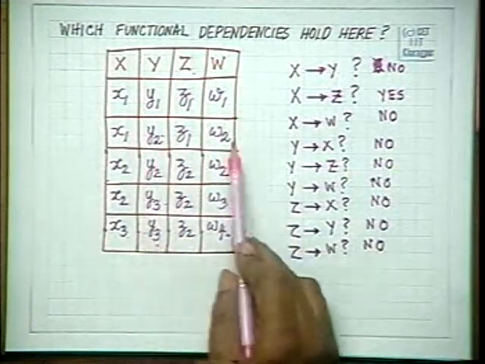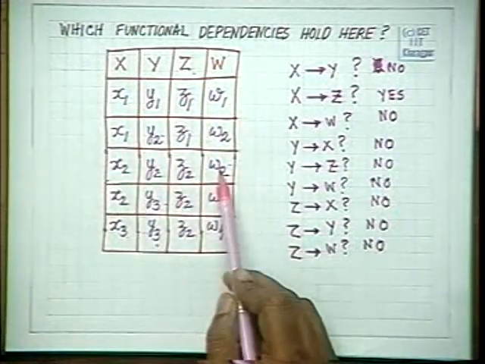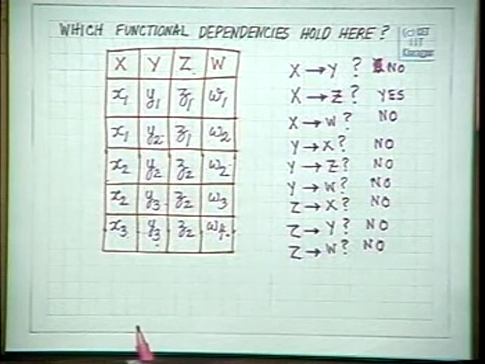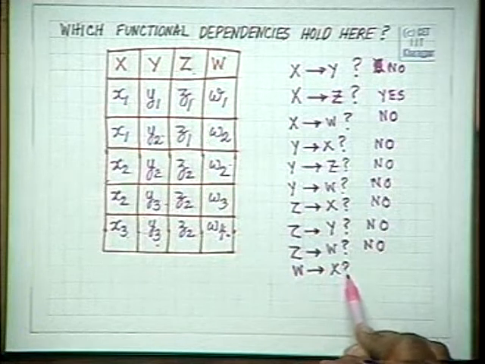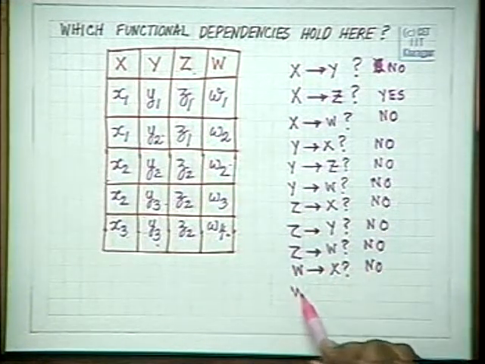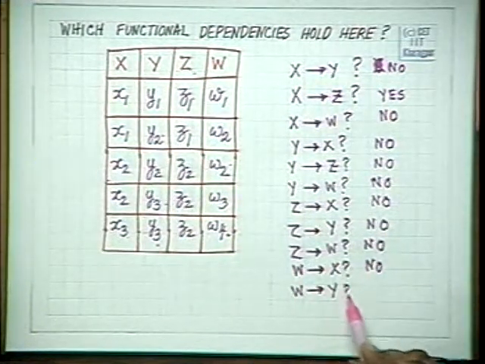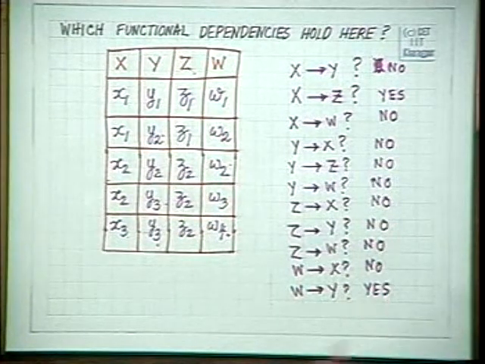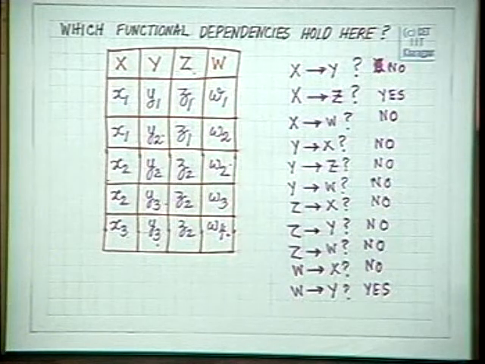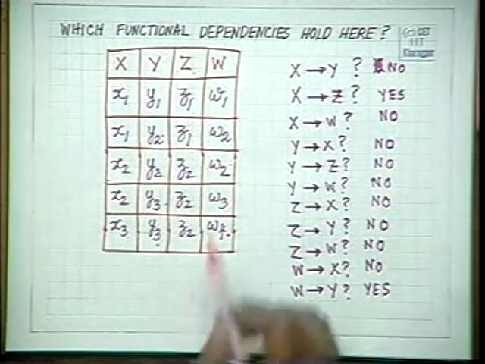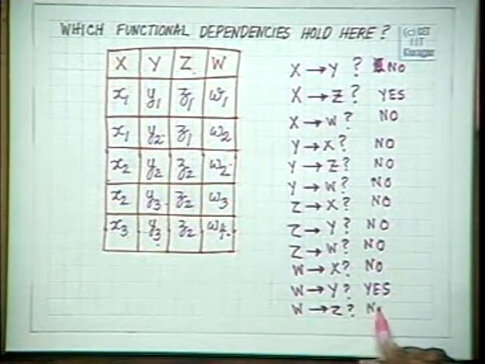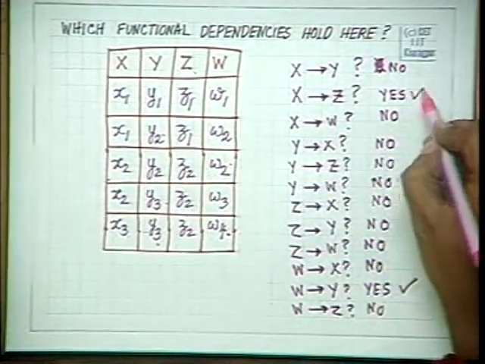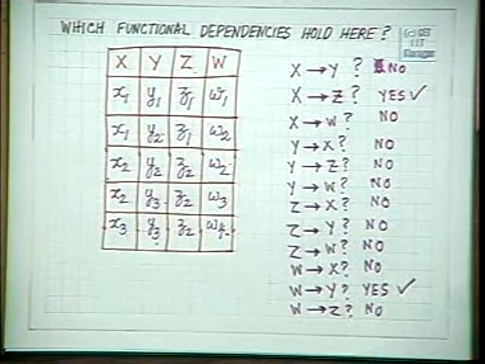W to X does not hold. W to Y holds. And W to Z does not hold. So when we look at single elements, we've got only two which hold.